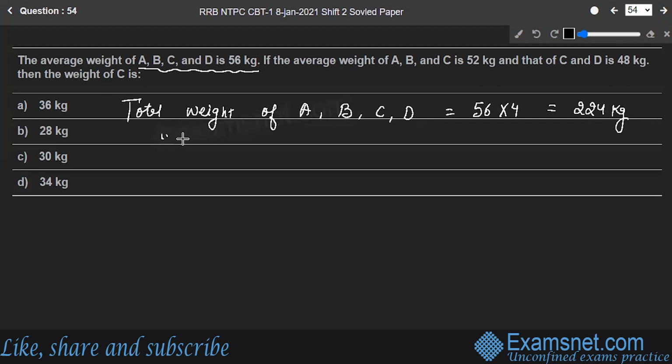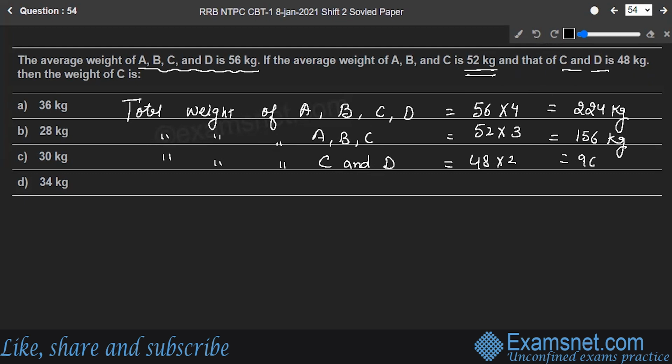Now, the total weight of ABC is equal to 52 multiplied by 3, that is 156 kg. Now the total weight of C and D is equal to 48 multiplied by 2, that is equal to 96 kg.